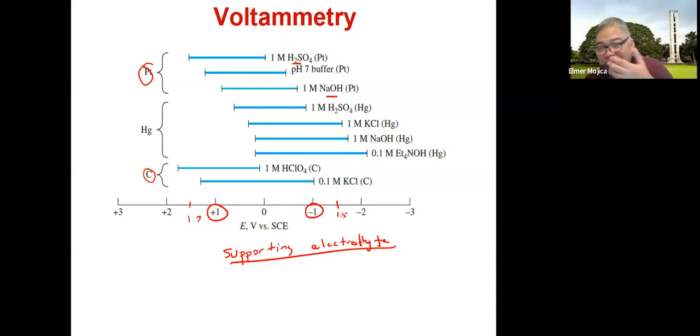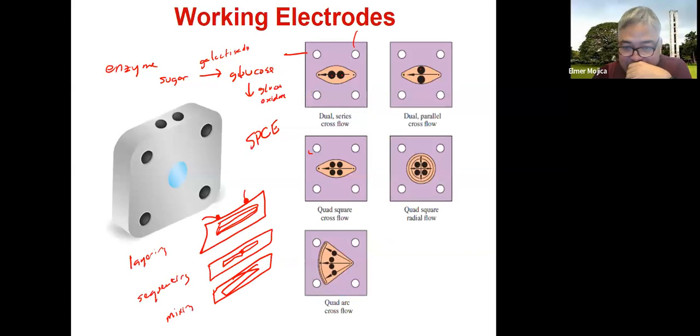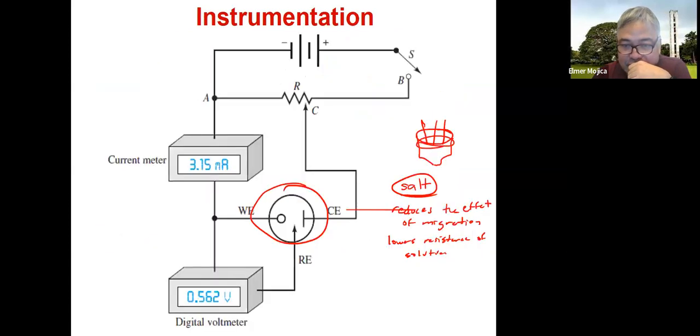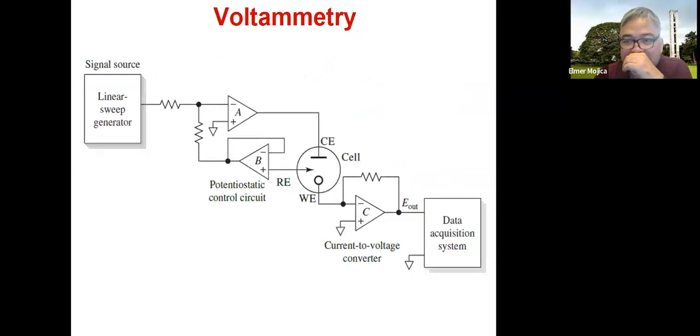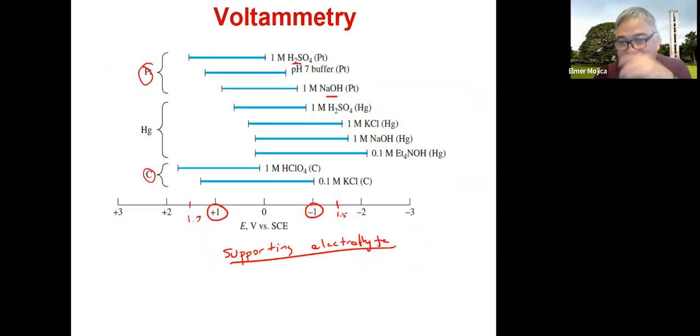And what's the reason? Okay, I think I listed it down. The reason is that it reduces the effect of migration and lowers the resistance of the solution. But I asked them, what if you have a better supporting electrolyte, like an acid or a base?